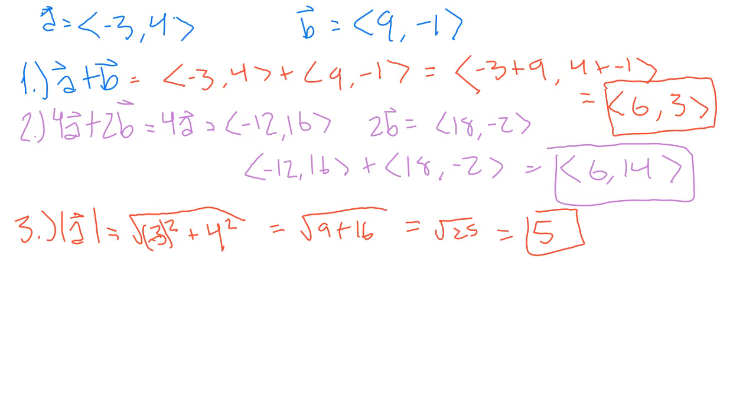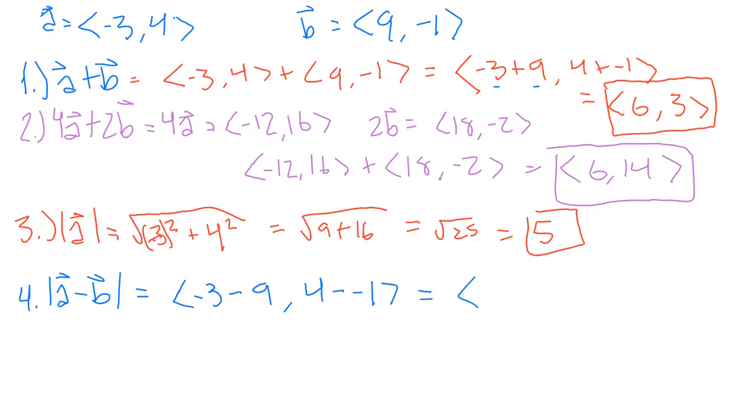And then finally, for our last part, we want to find the magnitude of a minus b. Subtraction also now gets a lot easier, because similar to how we did a1 plus b1, we can now just do a1 minus b1, and then a2 minus b2.